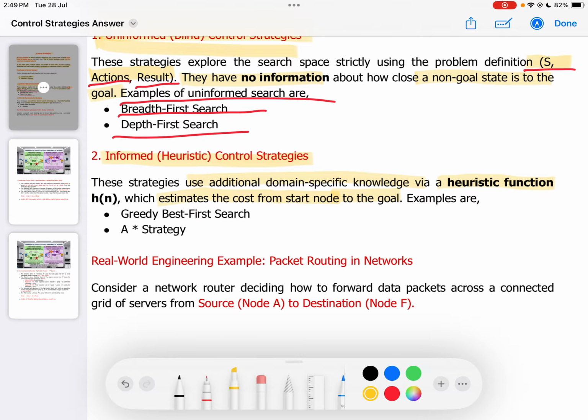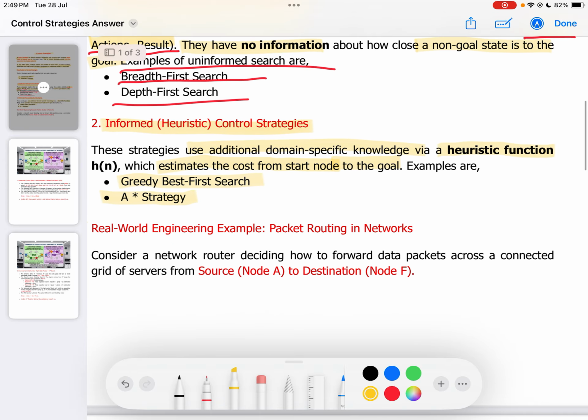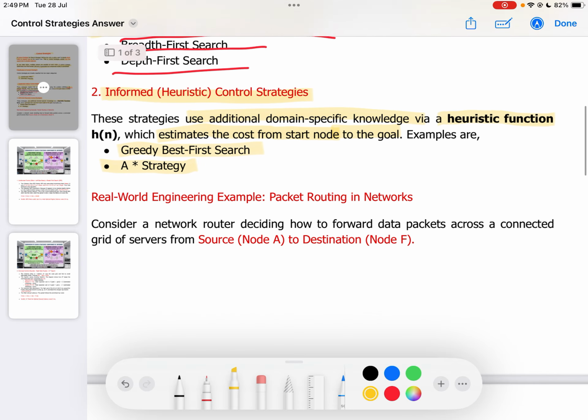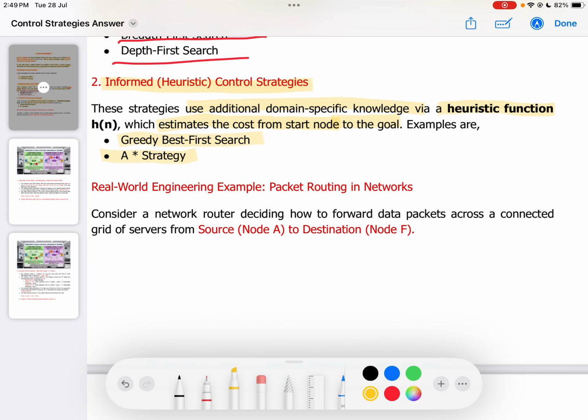From the starting point to the end point, it notes what the cost is. That is the key difference in the informed control strategy. Two examples are greedy first and A star. We look at an example and you will clearly understand what both informed and uninformed are.